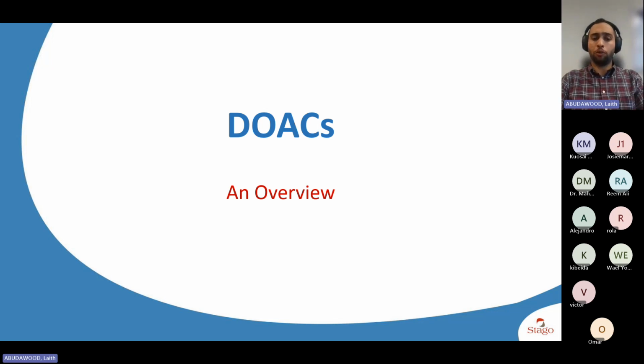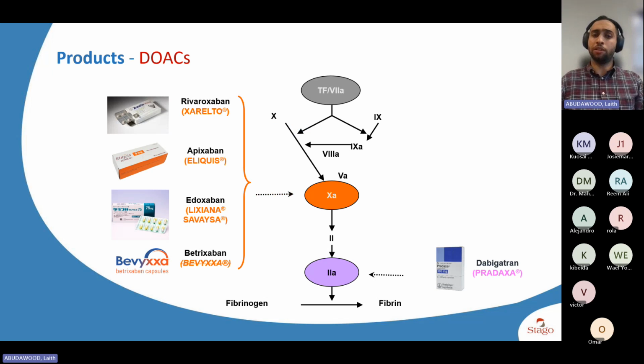Now, for DOACs, I will go over a quick overview. DOACs, or direct oral anticoagulants, are basically two types, as they target two activated factors. We have the anti-10A inhibitors, or direct factor 10A inhibitors, which include rivaroxaban. In black, this is the generic name. These are the commercial names in orange.